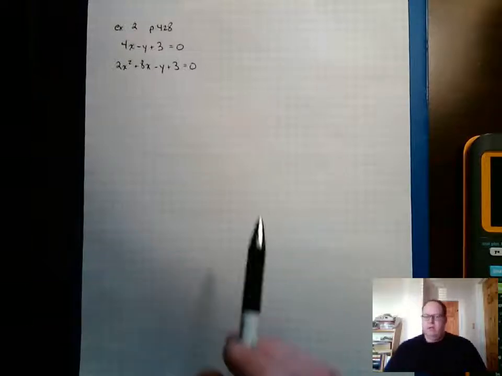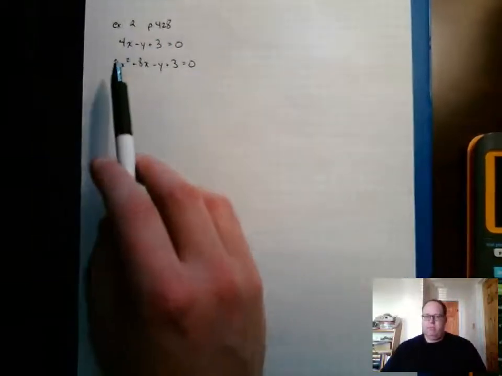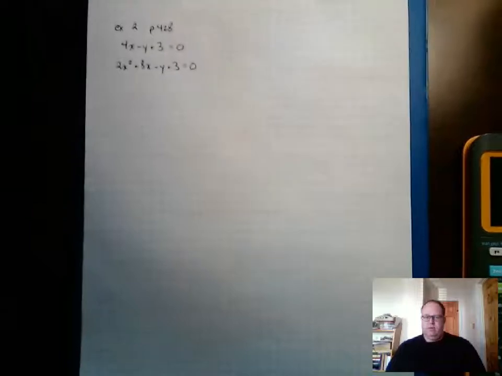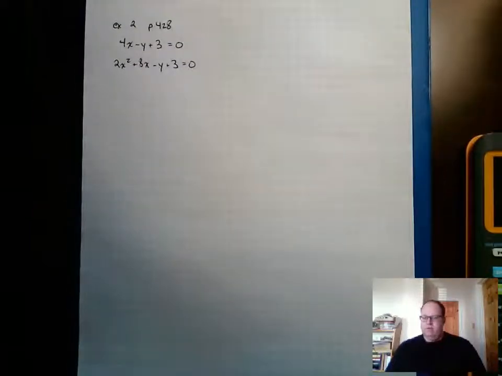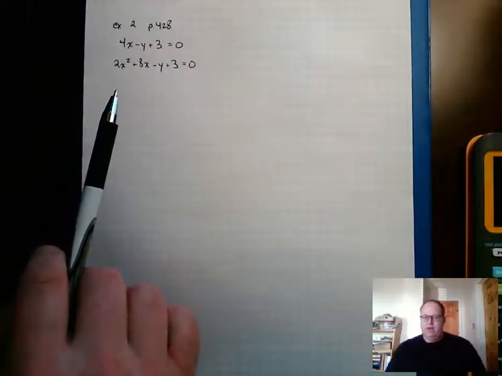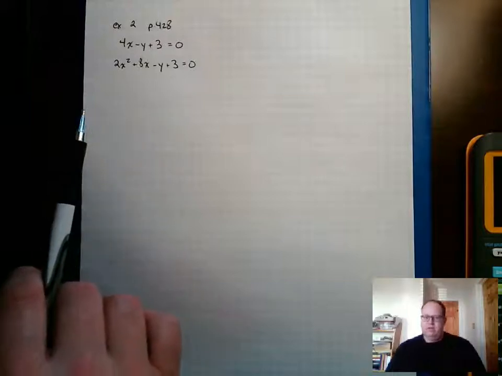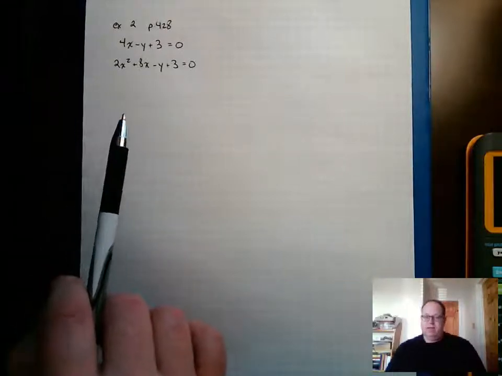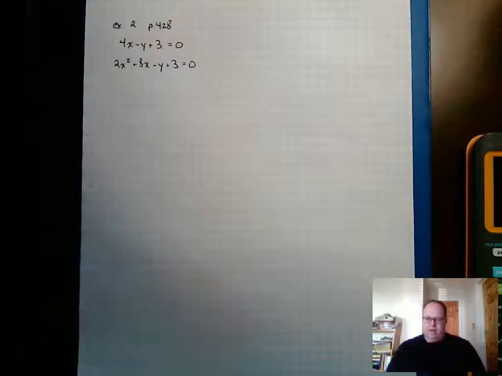So we need both of these statements to be true, meaning whatever x and y are, 4 times x minus y plus 3 has to equal 0, and 2x squared plus 8 times x minus y plus 3 has to equal 0.